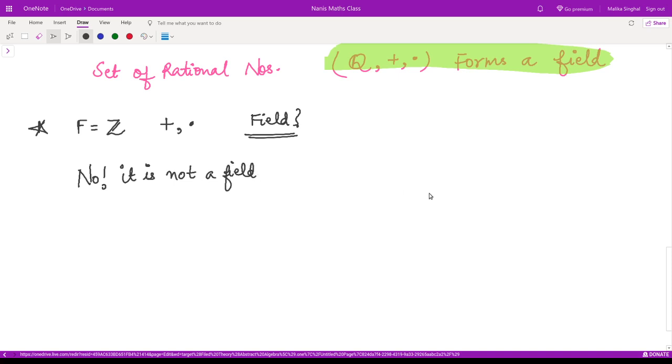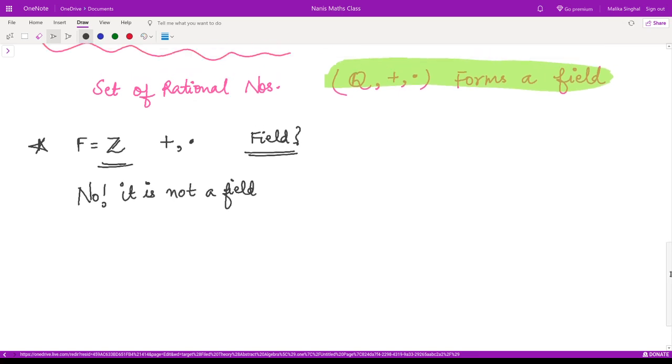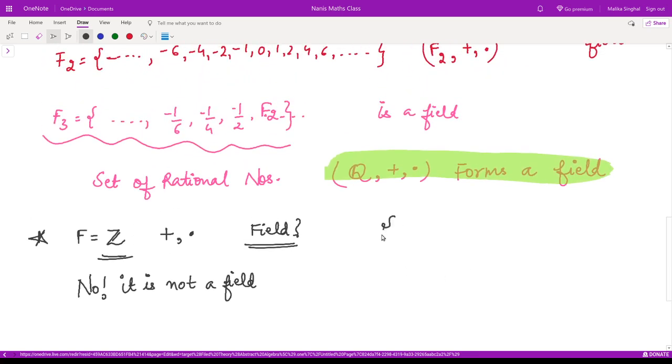Because the set of integers is something of this form: infinite set, -5, -4, -3, -2, -1, 0, 1, 2, 3, 4, and so on, right? This is the set of integers.